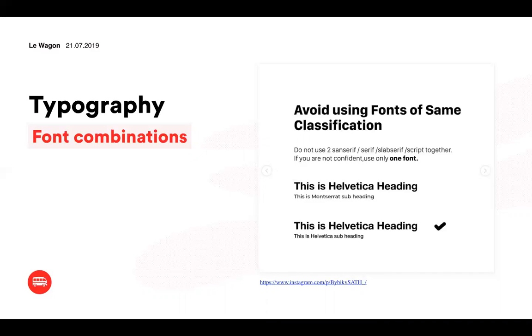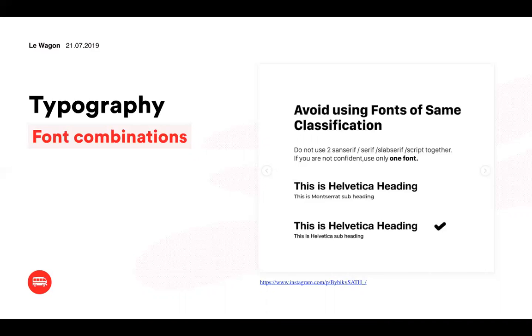If you actually choose two fonts that are sans serif, like this first example that says this is Helvetica heading, and then the paragraph is Montserrat, you will see that they are both sans serif, but at the same time they look different.